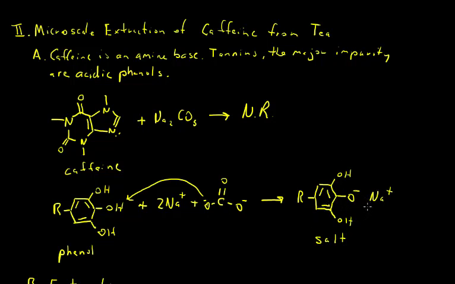And as we've talked about previously, these salts are much more polar than neutral organic compounds, and so these are going to tend to stay in the aqueous phase. We'll extract this basic solution with an organic solvent, dichloromethane, to remove the caffeine, leaving the charged tannins behind in the aqueous solution. So let's talk a little bit more about the extraction itself.